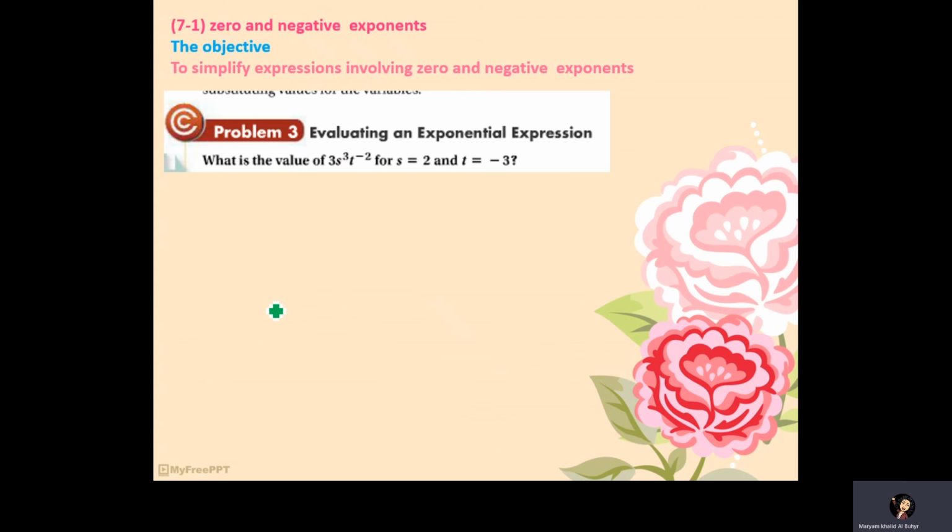Now we have to evaluate. Evaluate, the basic idea is just substitute. So what is the only thing here that you have to focus on? The order of operations. This is the only thing that you have to focus on.